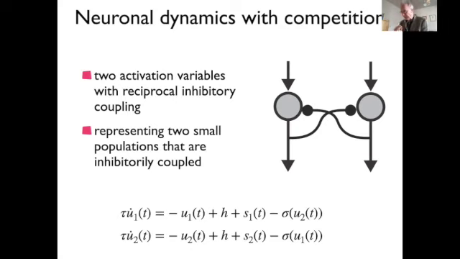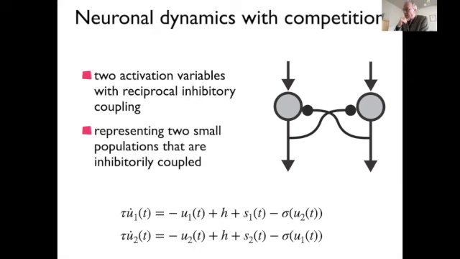The self-excitatory nature of a single neuron or a single activation variable here is actually a shortcut for talking about excitatory interaction within a little group of neurons. So one neuron or a group of neurons excitatorily coupled has the same dynamical behavior. They have this detection instability and the reverse detection instability.